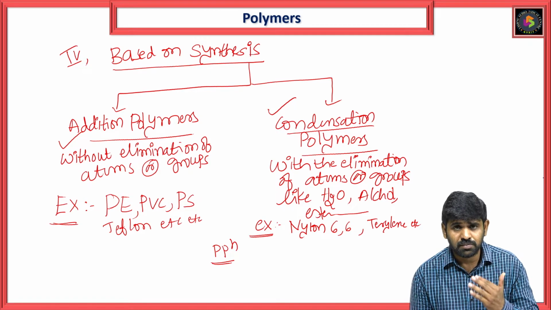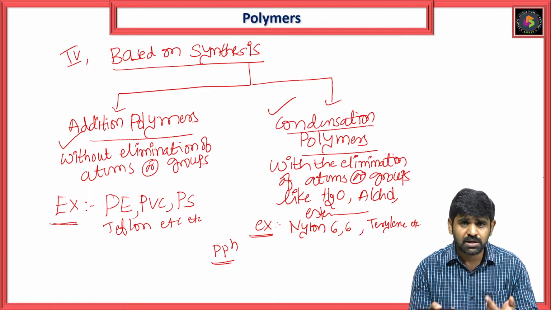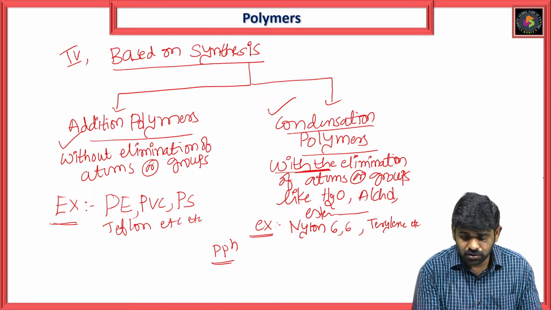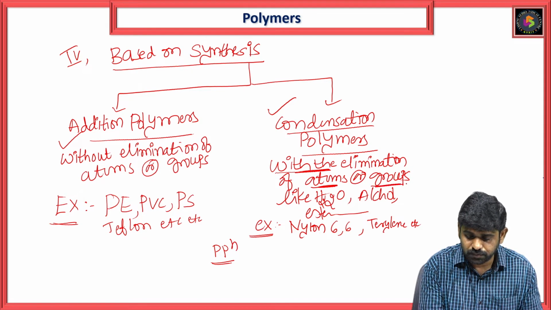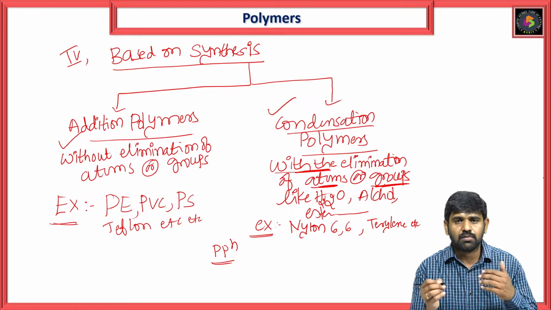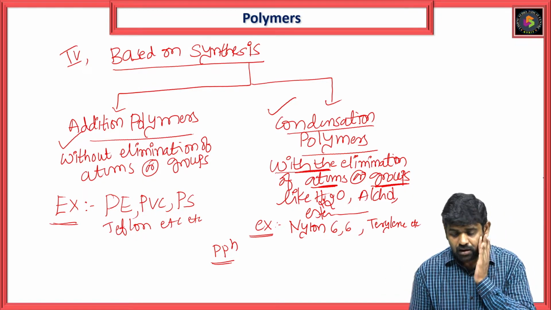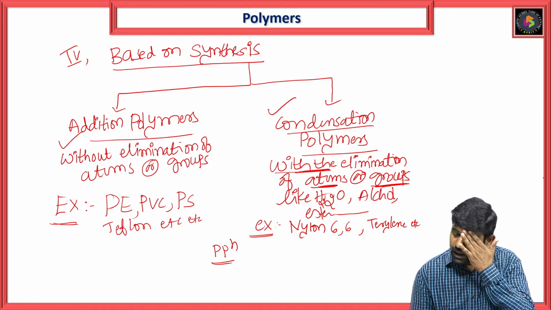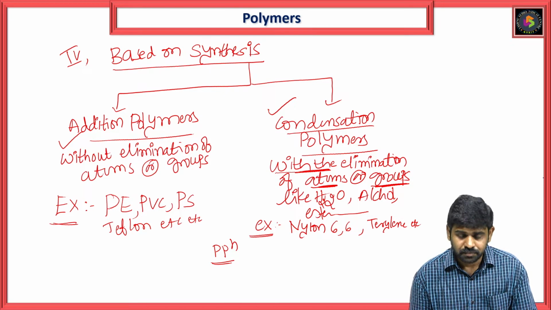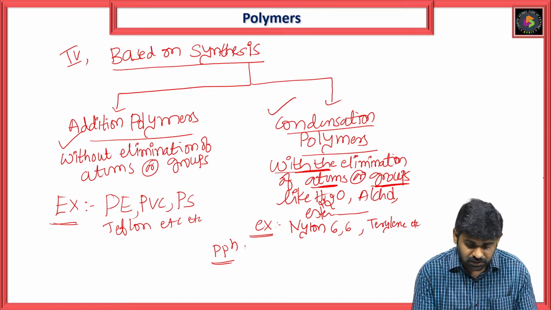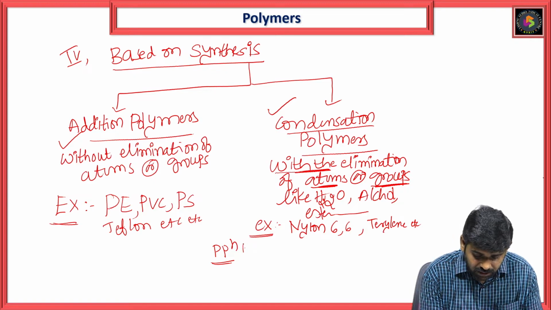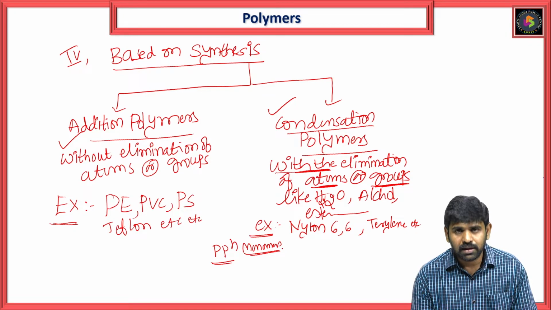Condensation polymers are formed by the polymerization of monomers with the elimination of atoms or groups, alcohol, water, etc. So nylon 6,6 can be prepared like this. The monomers are hexamethylene diamine and adipic acid.